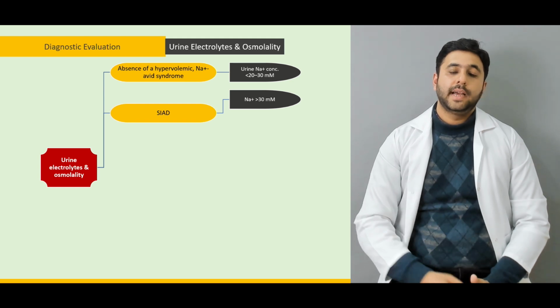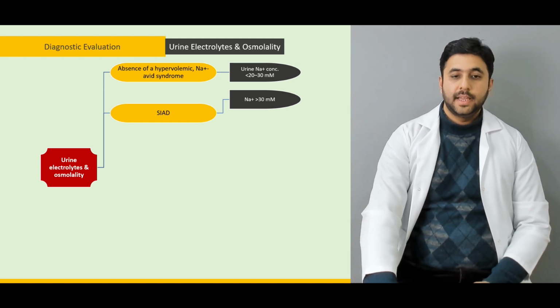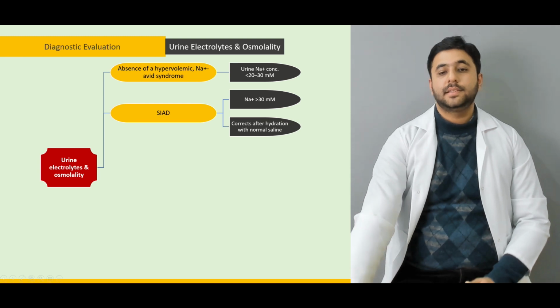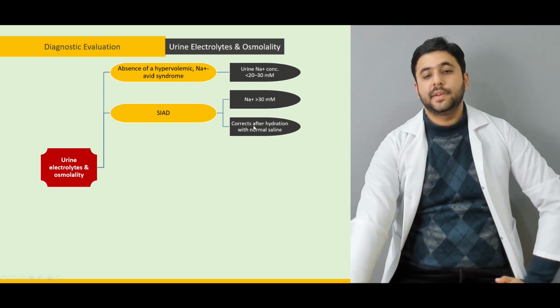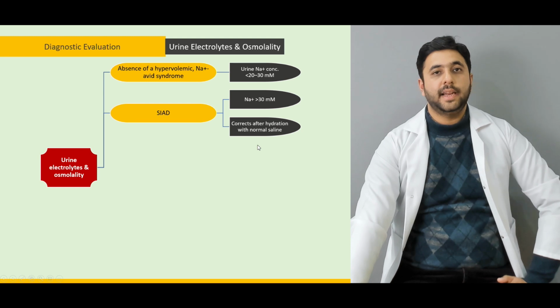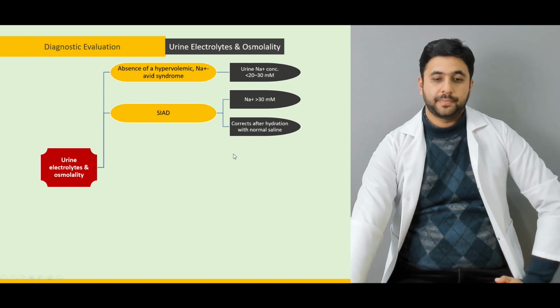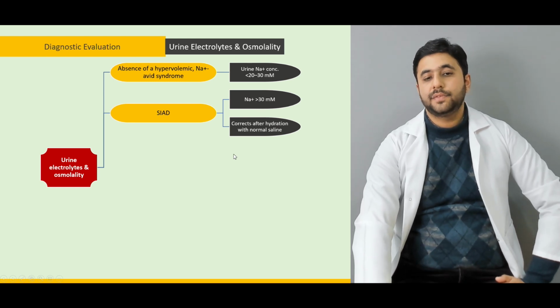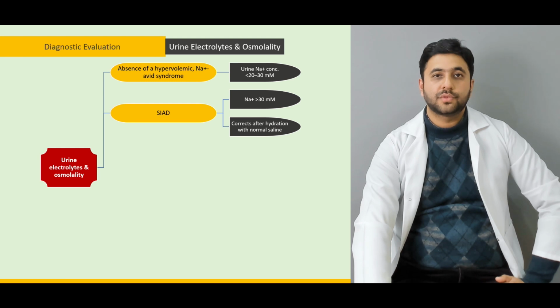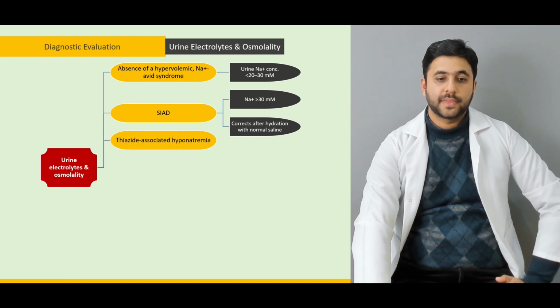That will lead to an increase in the sodium concentration. This is also a very good indicator that this will correct after hydration with normal saline. Whenever we give normal saline, the urinary sodium excretion will correct. That gives us a good idea of differentiating the various causes from syndrome of inappropriate ADH.